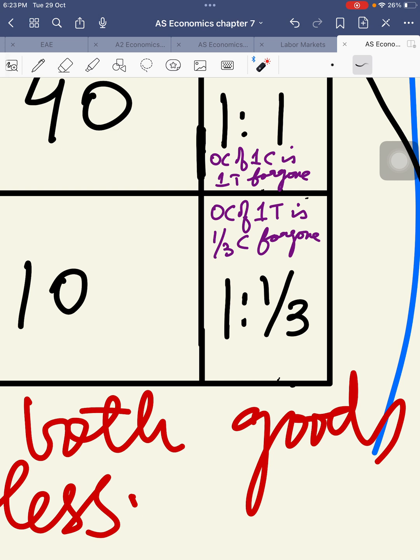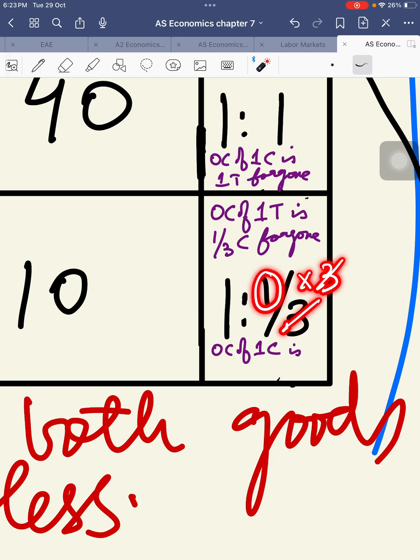And what if we want to determine the opportunity cost of 1 coffee? How do we determine that? We need to convert this 1 by 3 into 1. We do that by multiplying this fraction by 3. 3 cancels, we get 1.